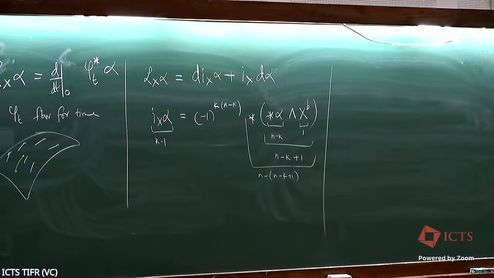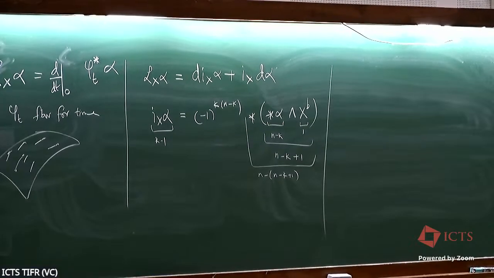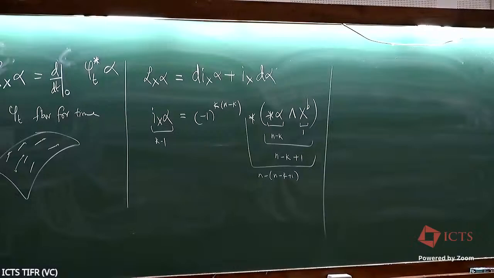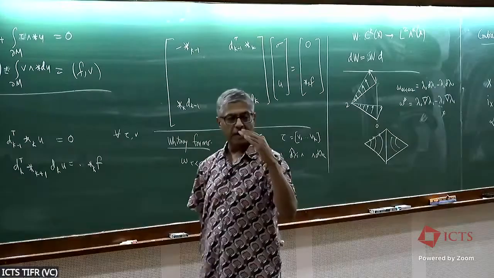In DEC, you can solve the PDE using your degrees of freedom on the dual mesh. So you can do the whole problem on the dual side. You can do the whole problem on the primal side. But in both cases, both are involved. You don't need to store the dual, by the way, because with every primal, there is a corresponding dual. So in terms of bookkeeping, you can track the duals.